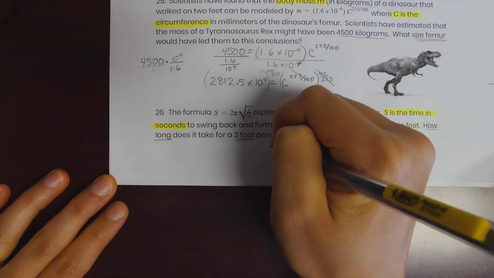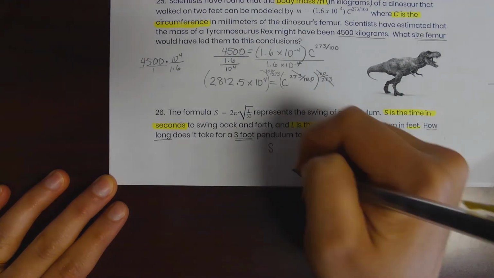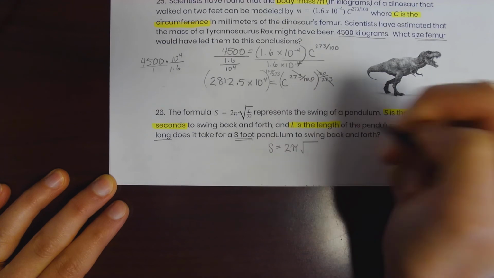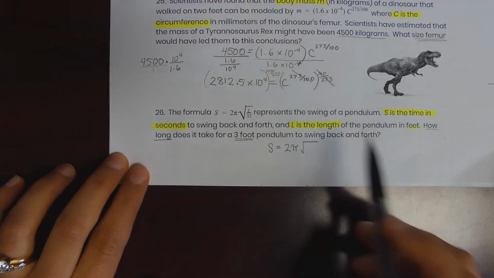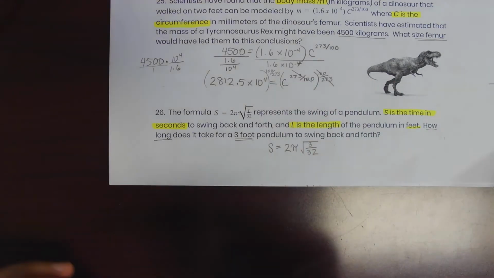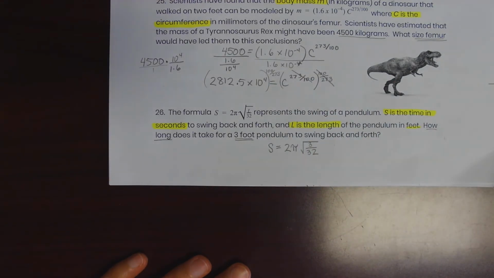So we have S, our time in seconds, our unknown, equals 2 pi square root. The length in feet, we have 3 over 32. And you could leave it like that. That would be the most accurate way to represent it.